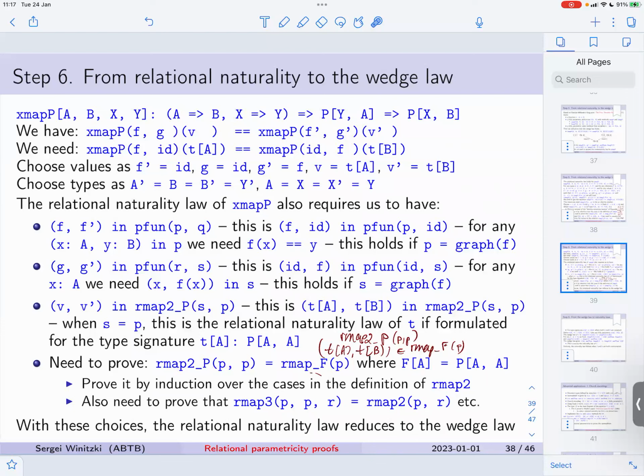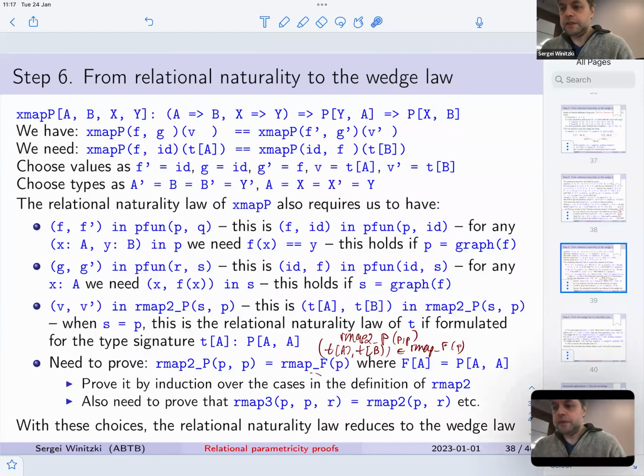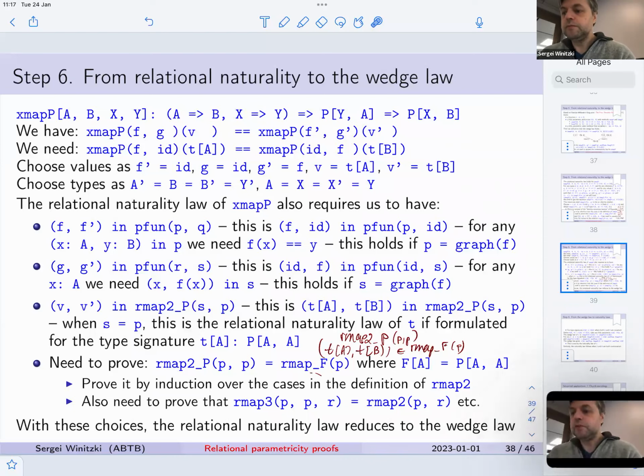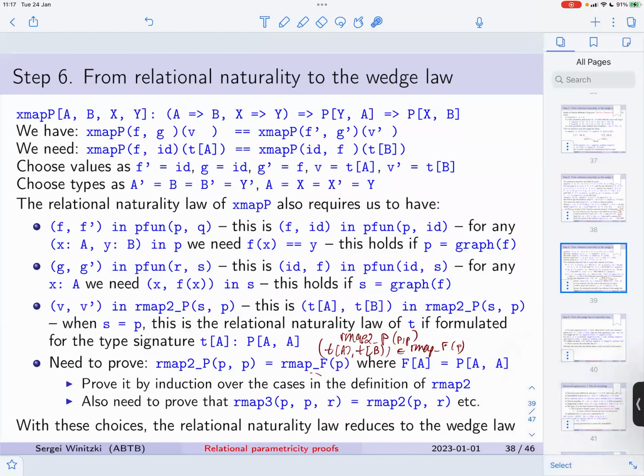That's a lemma that you, again, have to prove. That's a technical result. And this technical result is proved by induction over the cases.